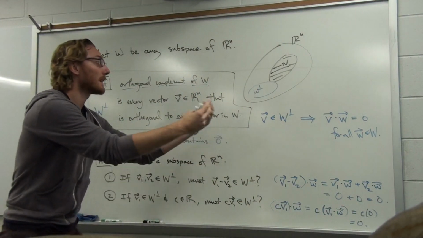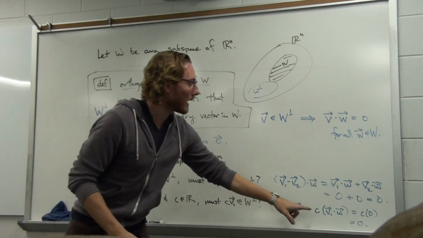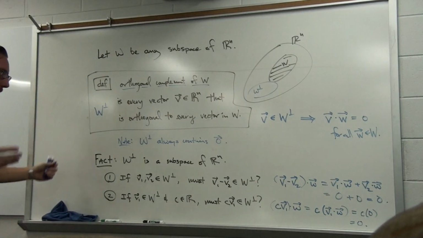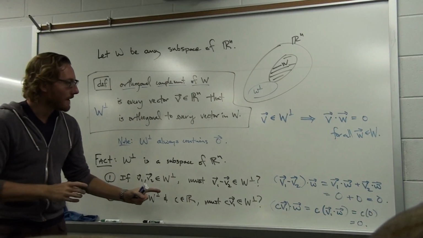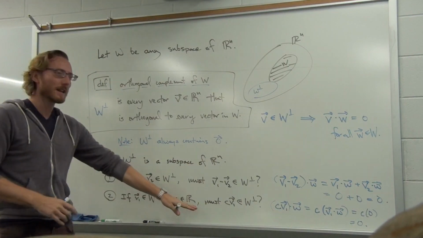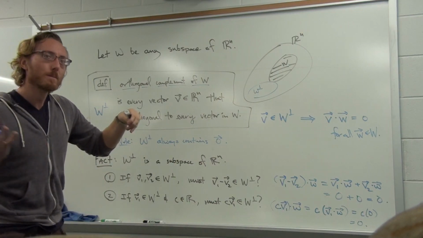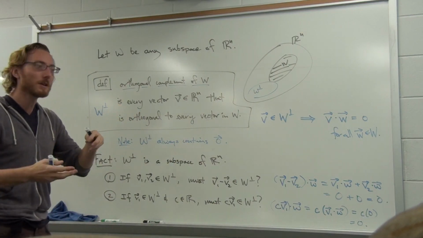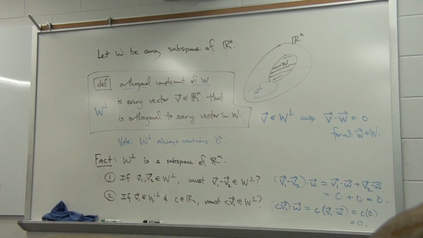That would hold for any W in our space because our V1 in the orthogonal complement is orthogonal to every vector in W. And the long story short then is scaling vectors in the orthogonal complement keep you in the orthogonal complement. And actually, if you really think about that geometrically, it makes sense, right? Because if the original vector was perpendicular to everything in W, then scaling that vector should not affect the perpendicular nature.